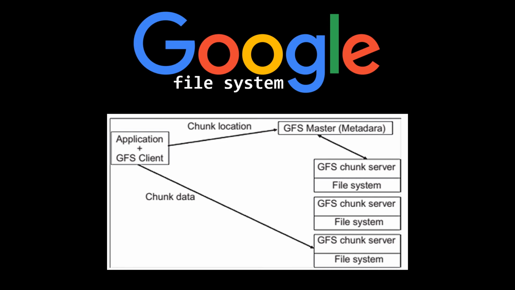If you search Google File System, there is a lot that you can read online. I don't think I need to explain this, but since you are here, I have to explain it anyway. This is the Google GFS architecture.